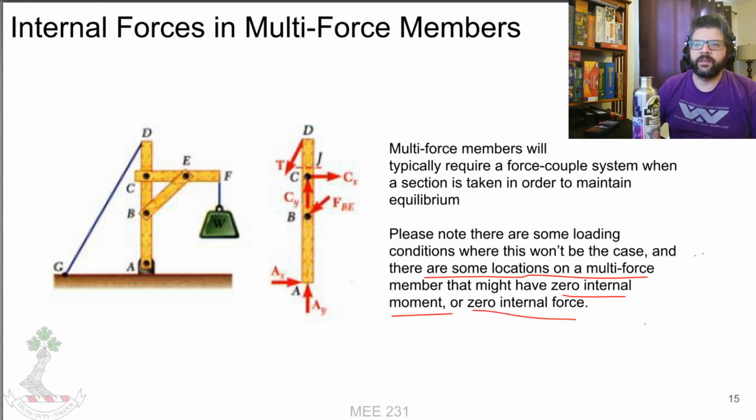Just because you find a spot where there's zero internal moment doesn't mean you can assume there's zero internal moment throughout the structure. Those things vary based upon the loading conditions and the position. So taking a slice at one point tells you what the internal load is at that point. It doesn't necessarily tell you what's going on everywhere else.